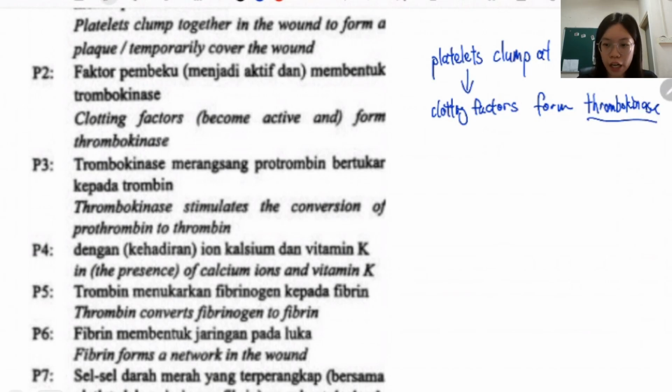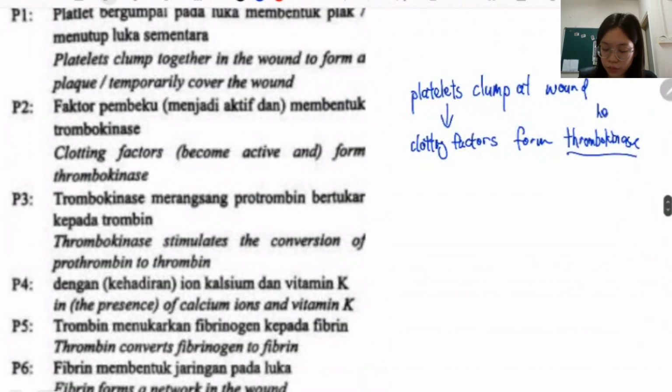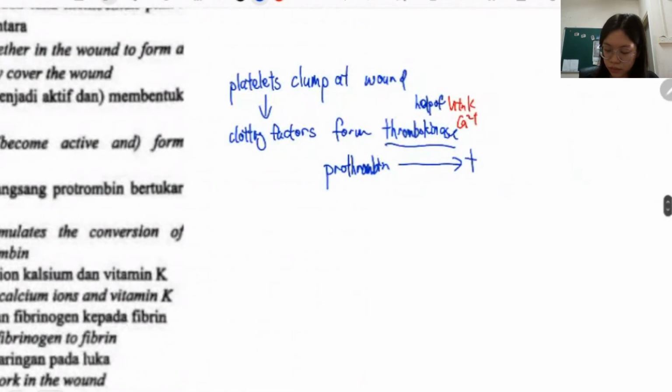Thrombokinase, with the help of vitamin K and Ca2+, will convert prothrombin to thrombin.